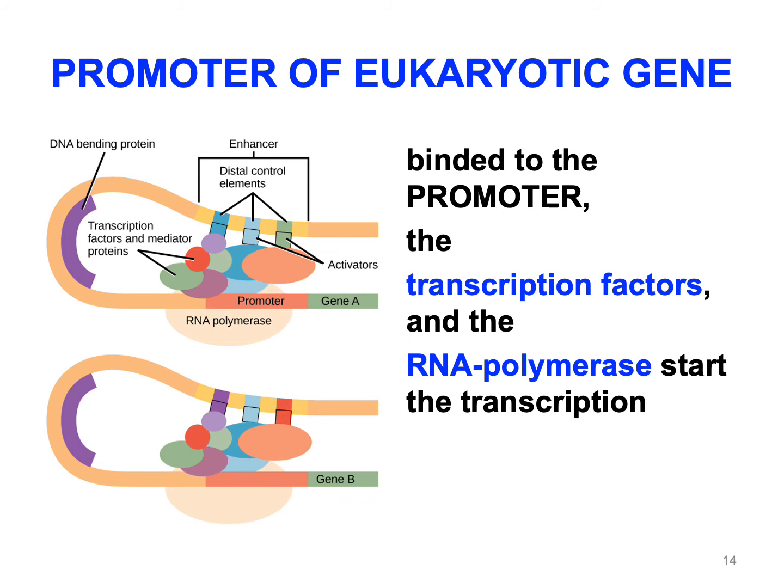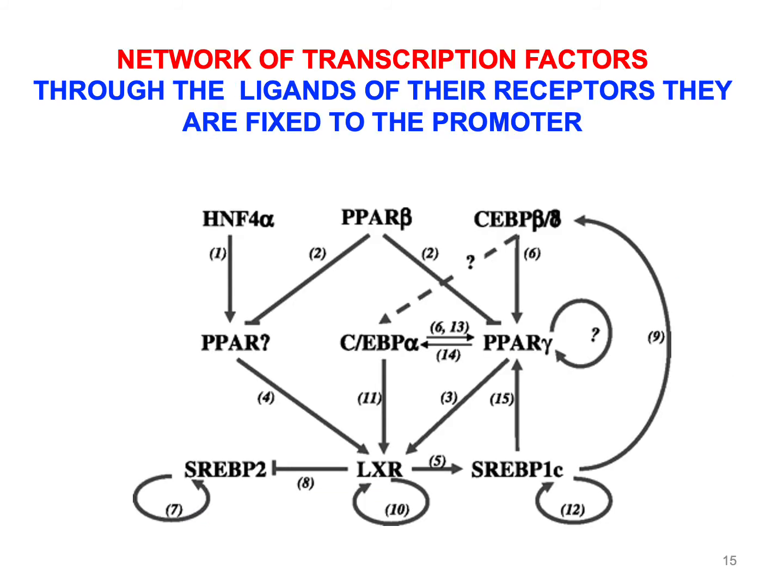Here you see that we have a network of transcription factors. It is only an example, which through the ligands of their receptors are fixed to the promoters. And these ligands may also be some chemicals from the outer world.